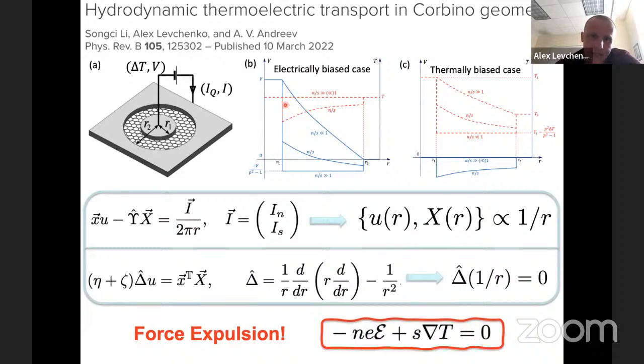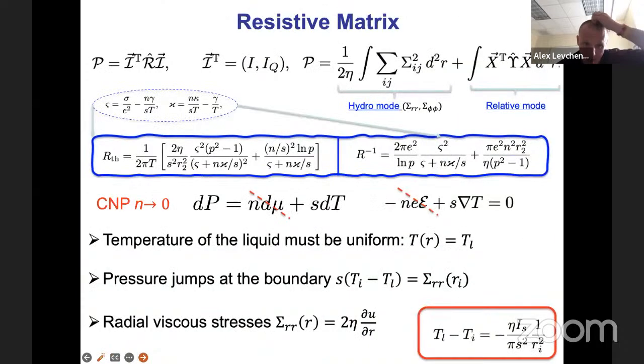So in particular, the size of the jumps can be related to the viscosity of the fluids. So we can calculate resistances here as well, and determine the entire matrix of thermoelectric coefficients. And we can also quantify these jumps through the viscous stress tensor and macroscopic tensor.